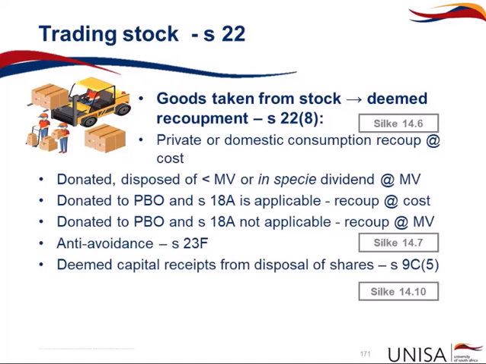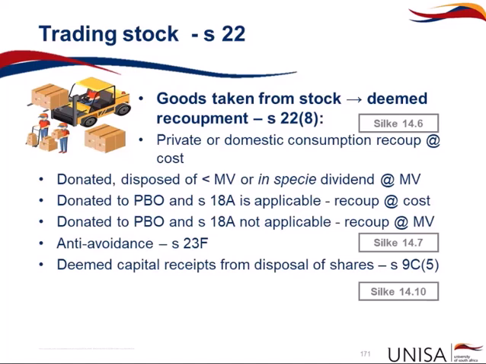It will be dealt with in terms of paragraph JA of the gross income definition, meaning that it'll only come into account once we sell that generator. So this is only in the case where we were the manufacturers of the trading stock that we are now using for a purpose other than disposal in our ordinary course of trade.